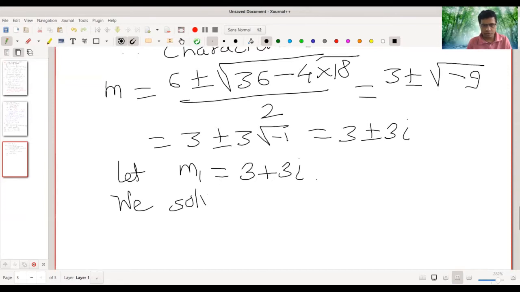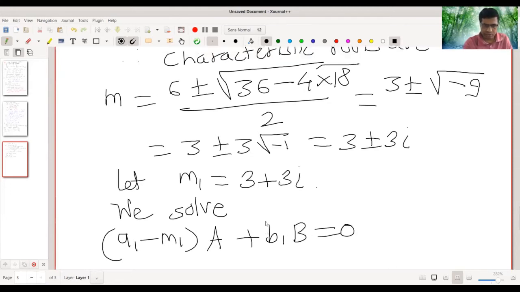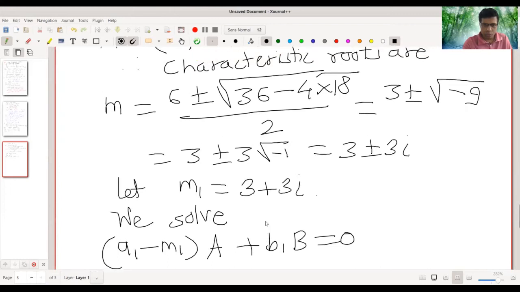We solve A1 minus M1 into capital A plus B1 capital B equal to 0. There is another equation, A2 capital A plus B2 minus M1 capital B equal to 0. But both these equations are constant multiples of each other. So we may take only one equation.